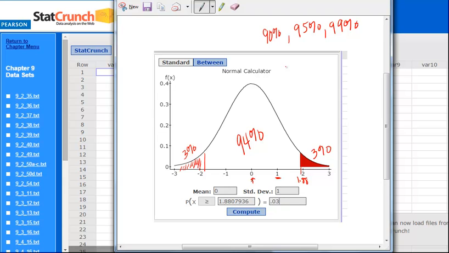And all we're doing is we're taking the normal curve, and we're finding the critical value by putting this in StatCrunch, so whatever is in one of the tails, and then we're getting the critical values here and here. So I hope this makes sense, and let me know if you have further questions.